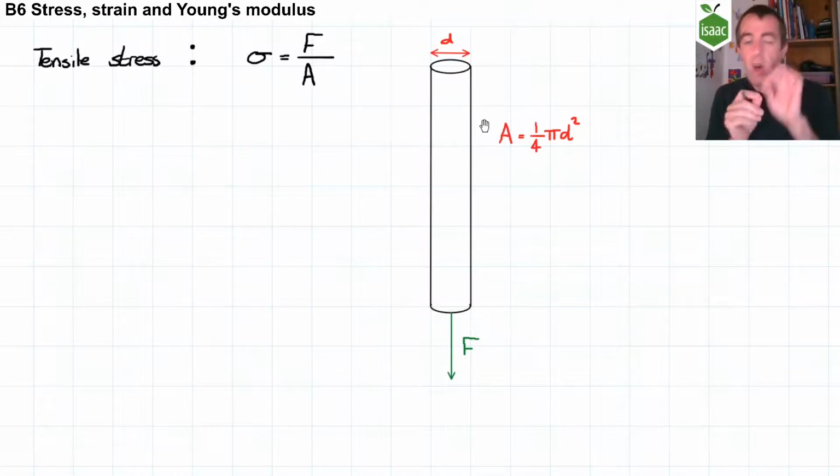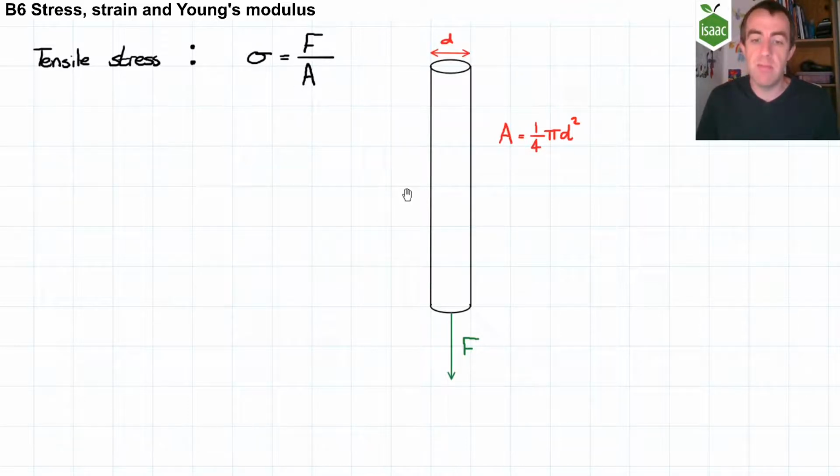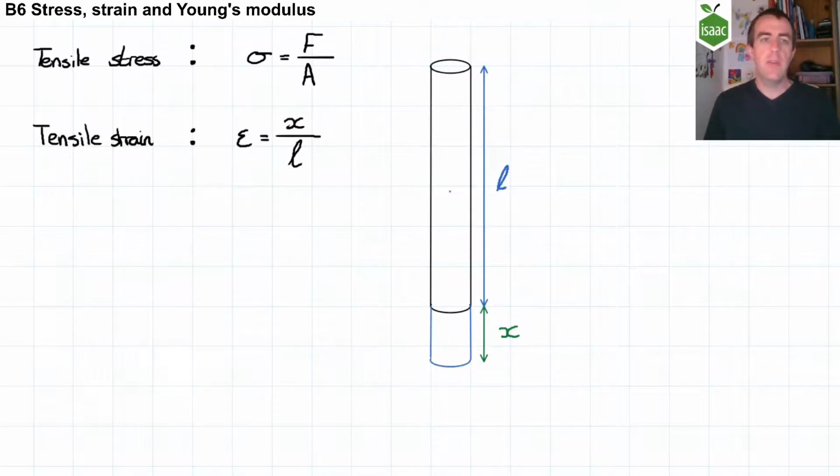And with wires, that can be a very, very small cross-sectional area indeed. So don't be surprised if you have very small numbers for your cross-sectional area and therefore very large numbers for your tensile stress.